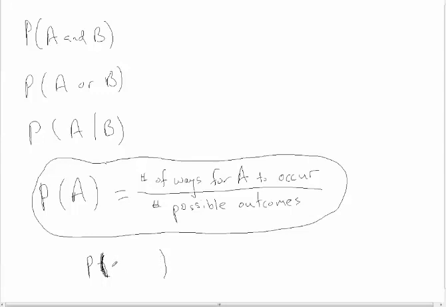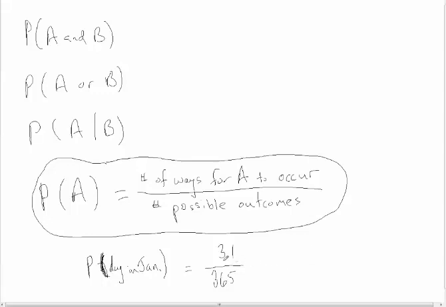So what's the probability of picking a day in January? Well, that's how many ways we can pick a day in January, and there are 31 days in January and 365 days in all. So that's the probability of drawing a date out of the hat and having it be a day in January.